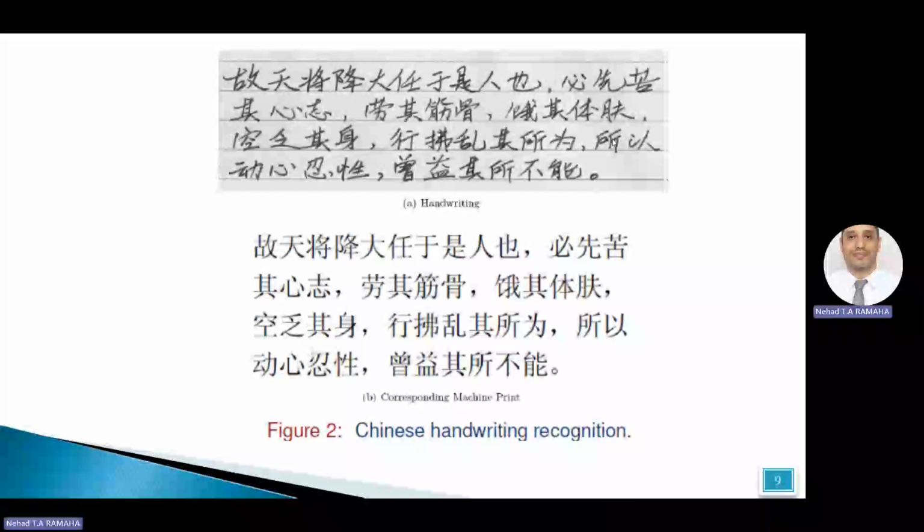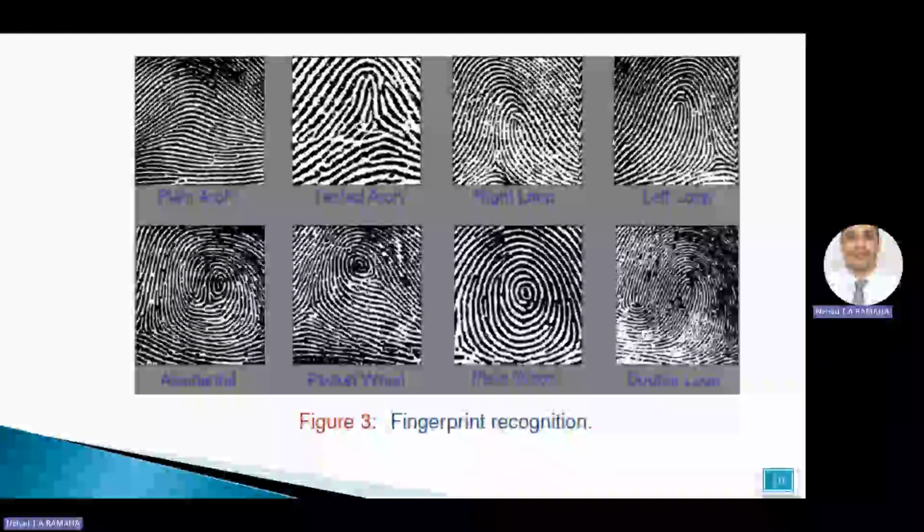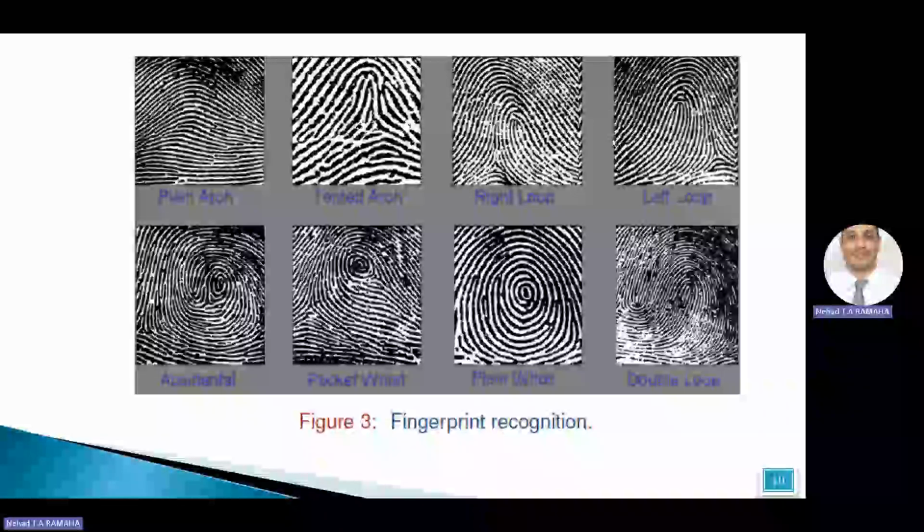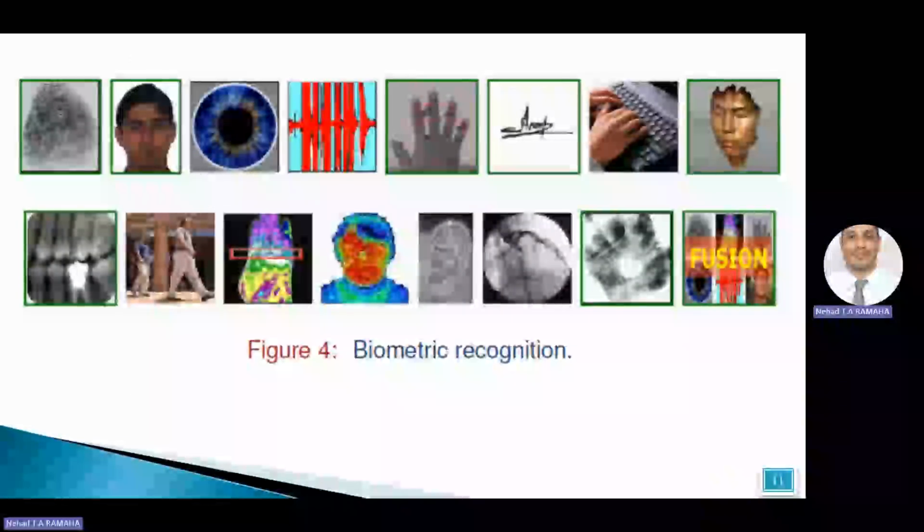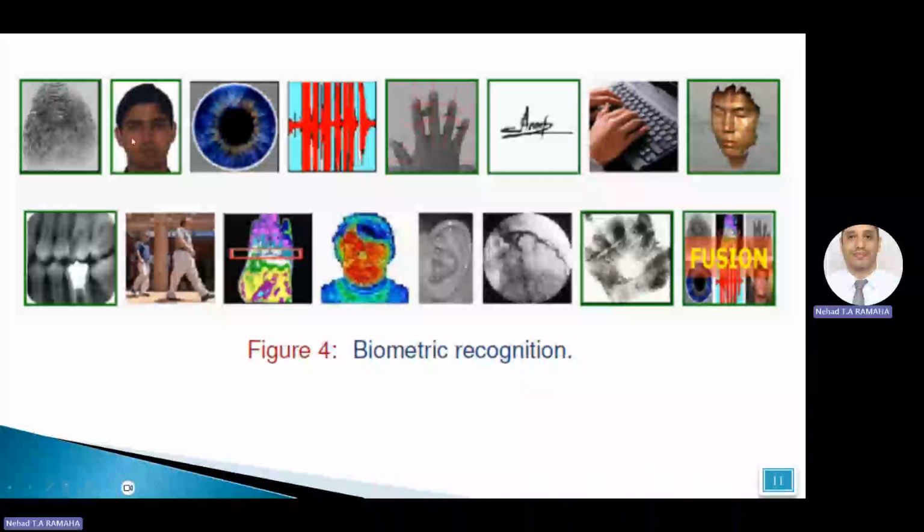All these types of pattern recognition are biometric systems to recognize a person from his face, from the iris of the eyes, from fingerprints, from the sound, from the hand, from the signature.